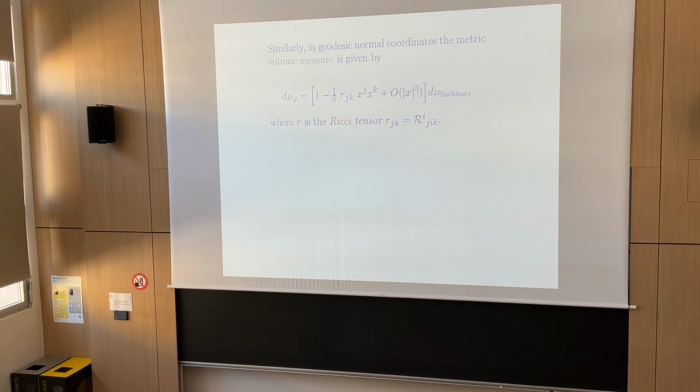All right, so the Ricci tensor is this fundamental gadget that plays a fundamental role in understanding the comparison of volumes in your Riemannian manifold to volumes in Euclidean space. It's worth noting that this is just a very rough universal statement at lowest order.